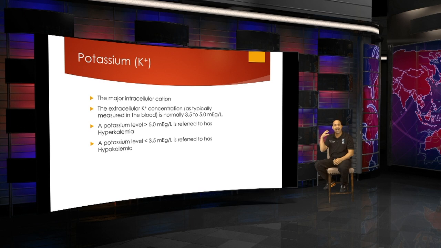So when you have high levels of acid, when you're metabolically acidic, it actually pushes the potassium outside of the cell. So you have high levels of potassium in your blood serum because it's coming out of the cell. That's what acidosis does. It really pushes that potassium out of the cell.